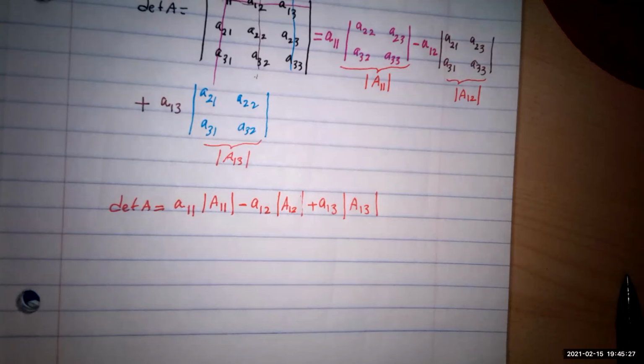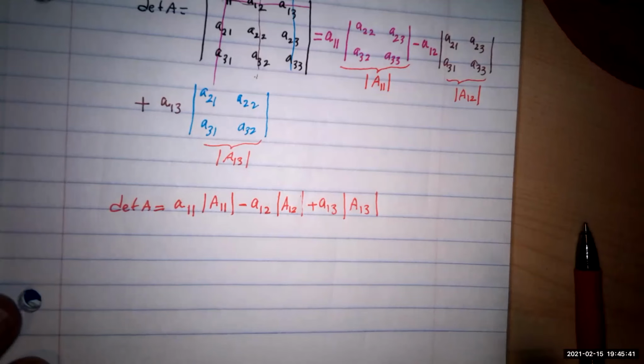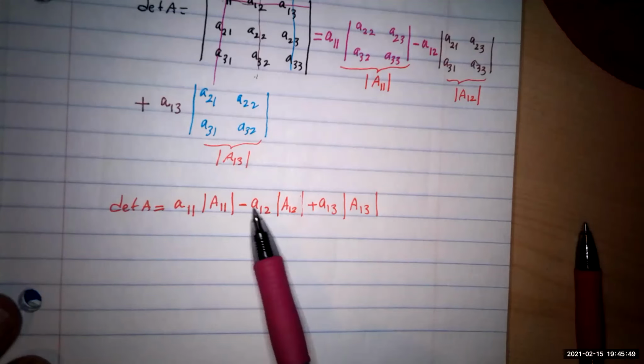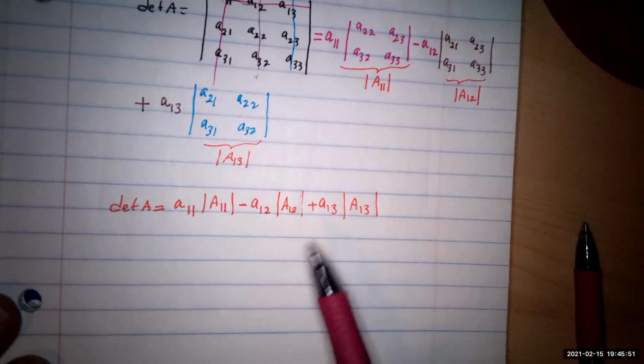Okay, now we are going to have some notation for these ideas. Look at these numbers: the determinant with its plus or negative sign. These numbers are going to be called cofactors.